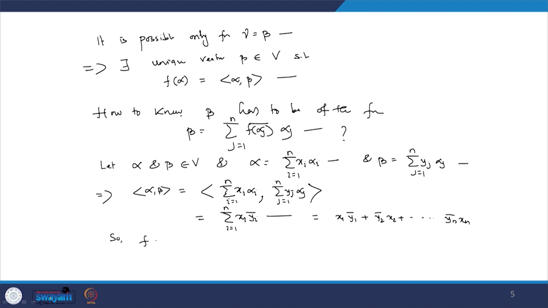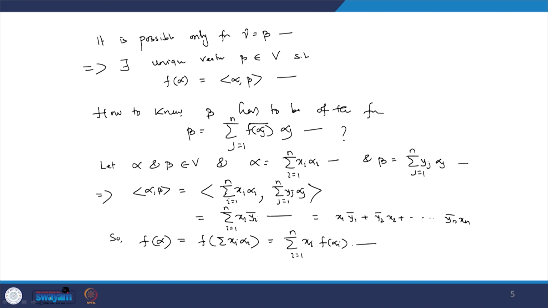So, if I consider f of alpha, then f of alpha will be equal to f of sigma xi alpha i, which is equal to sigma xi f of alpha i, i equal to 1 to n.